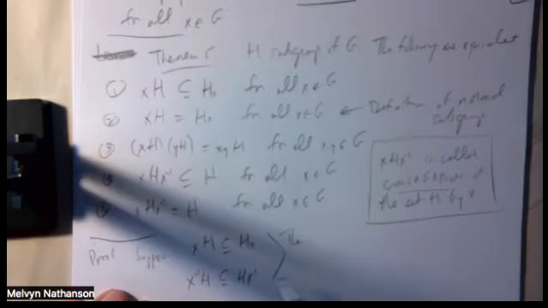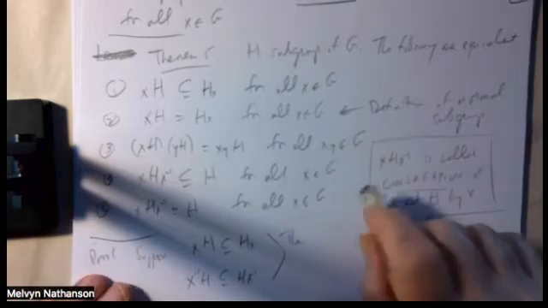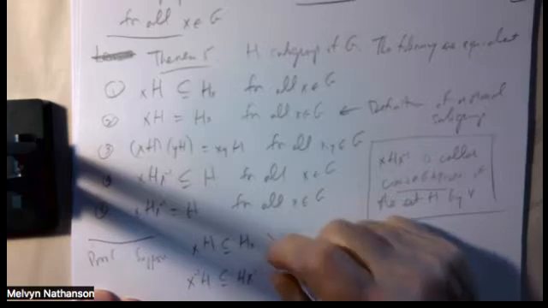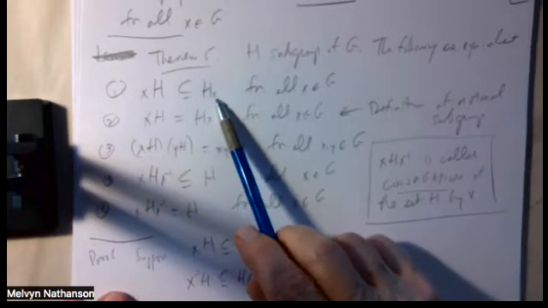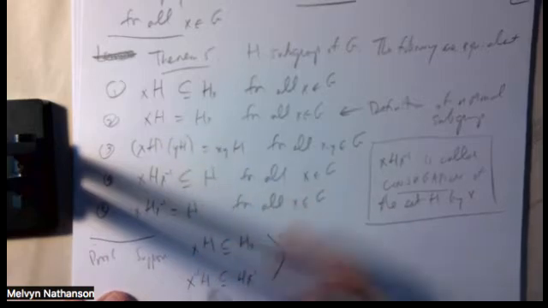So I can put this together and we can say the following. I want to show that if the left coset is contained in the right coset, in fact, the left coset equals the right coset.